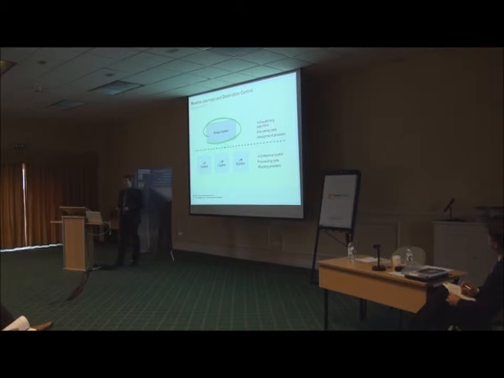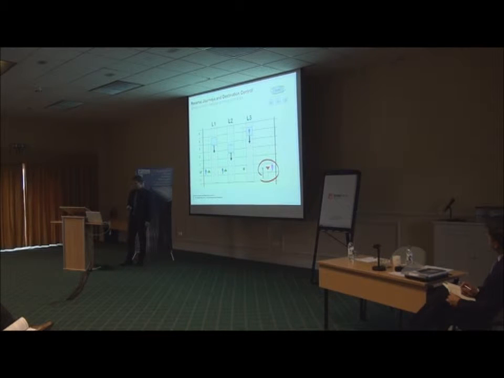Let's go to the other level, the group control, the allocation of the calls. The group control has the task to allocate new calls in an efficient way to the individual cars. In a three-car group, it's a simple scenario.